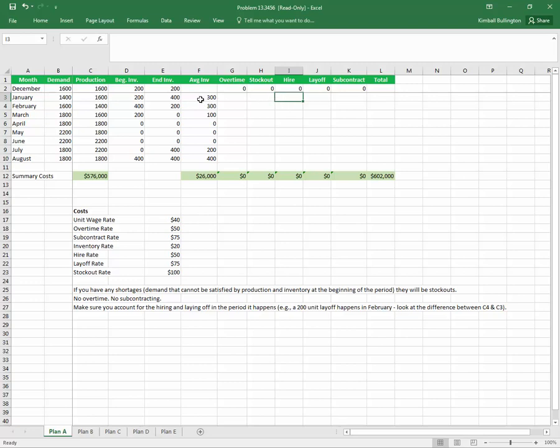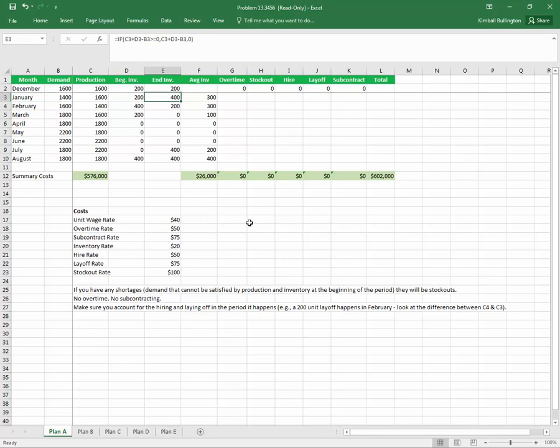So I've shown you sort of the model of an if statement back here at the ending inventory. If one situation is true, then I put in that true value, and if it's not true, I put in what happens if it's not true. So the logical test, the true value, and the false value are in our if statements.